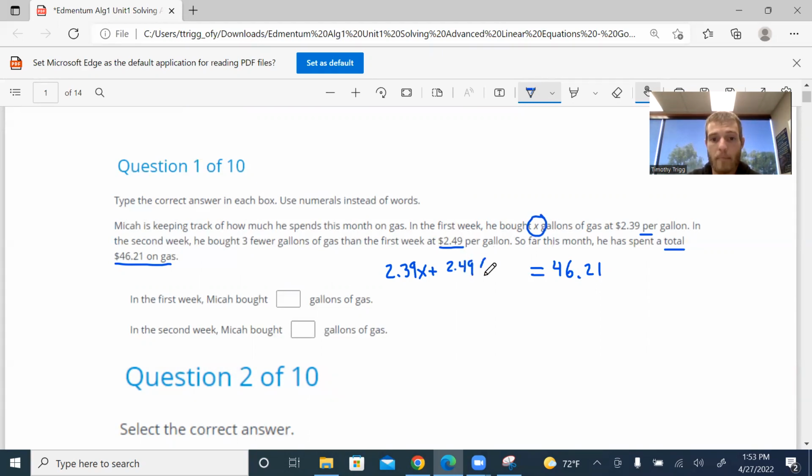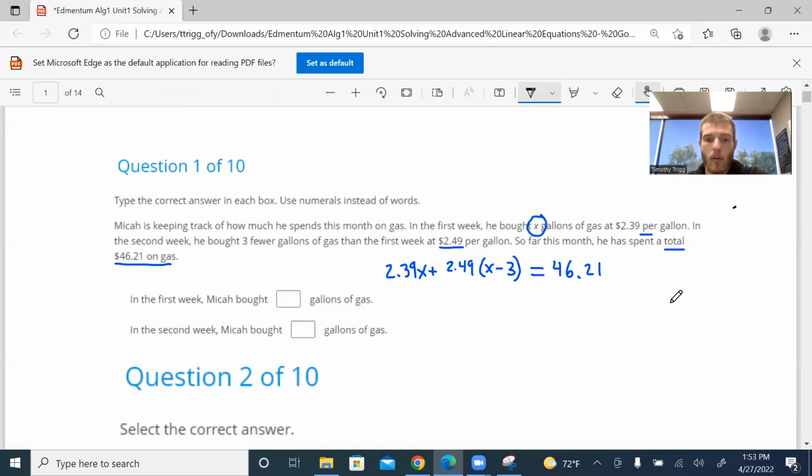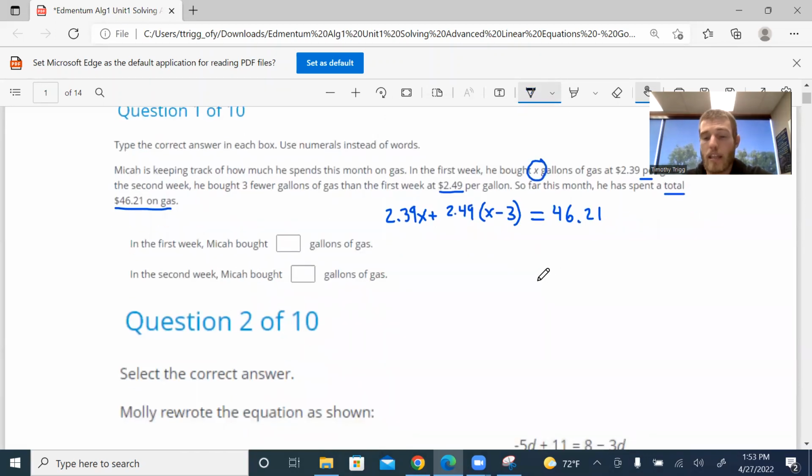But this time he didn't buy X gallons. He bought X minus 3. So 3 fewer gallons that week. Okay. Hopefully you see that the next step would be to distribute this 2.49 times both the terms in this parentheses.